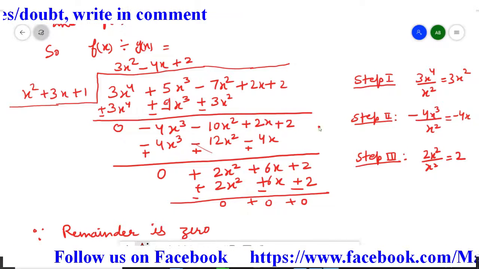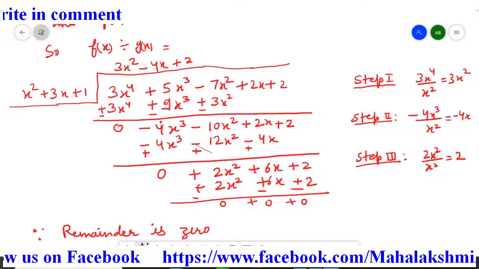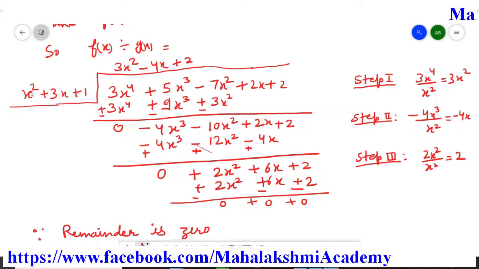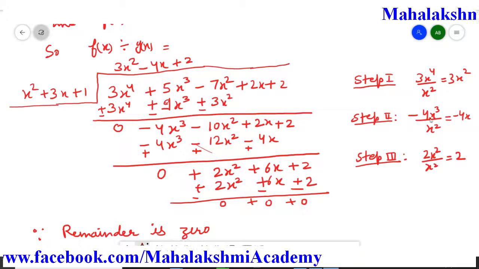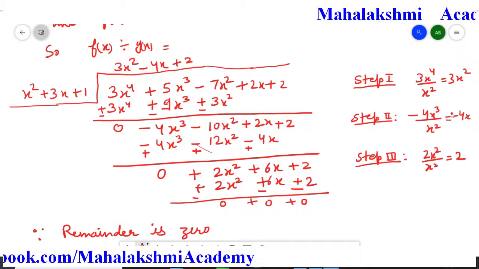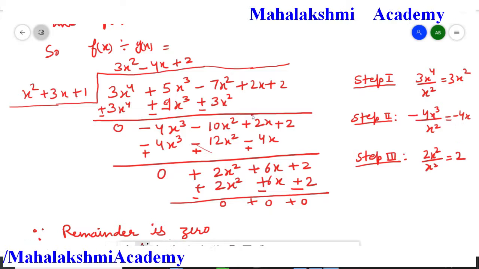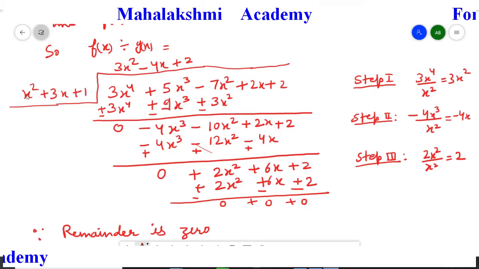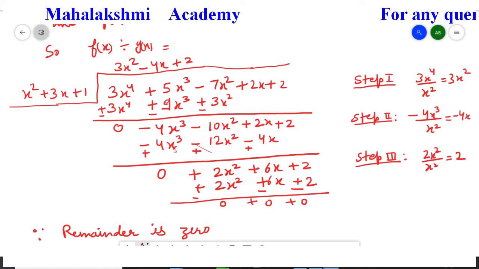In the second step, the first term of the dividend, that is minus 4x cube, and the first term of the divisor, that is x square, you just divide. And you will get here minus 4x. So write minus 4x here. Now minus 4x, first multiplied by x square, you will get minus 4x cube.